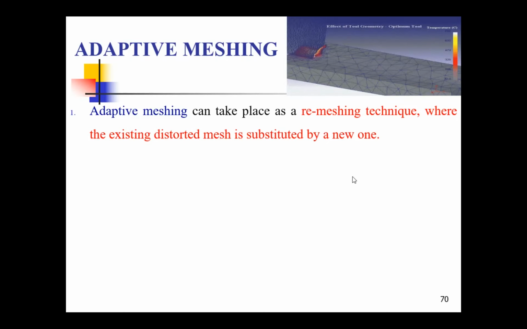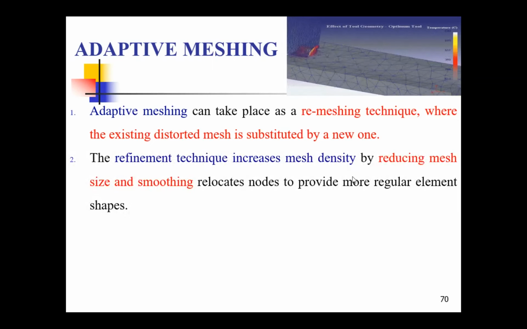So it is a remeshing technique. The disordered element mesh will be replaced with a new one. Because of the stress, the elemental mesh will be disordered, and in this adaptive meshing, the disordered element mesh will be replaced with a new mesh. There you can see in the simulation also, it is getting meshed up.